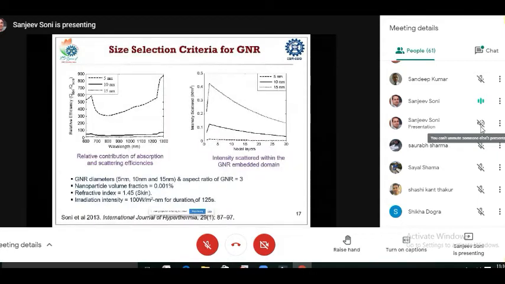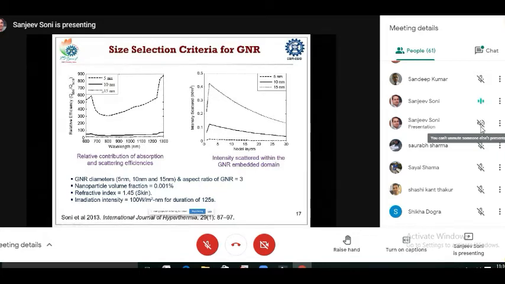So once this is done, then we should decide what kind of nanoparticle, and what should be the optimum size of the nanoparticle. For this plasmonic photothermal therapy, our aim is to have maximum absorption possible. So here we can compute the ratio of the absorption efficiency to the scattering efficiency.